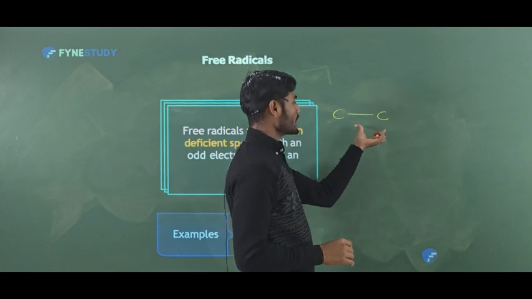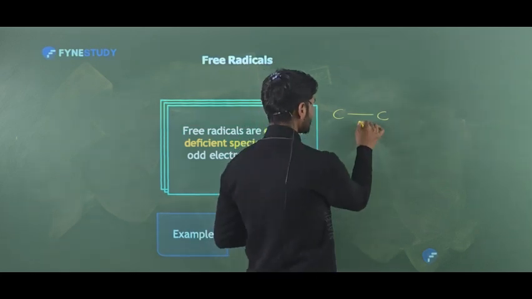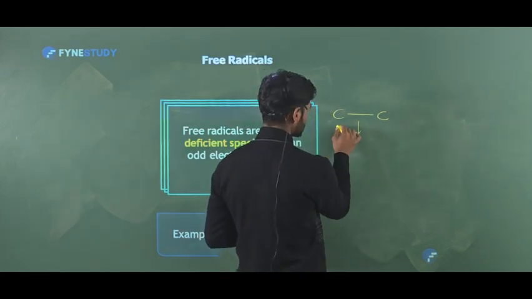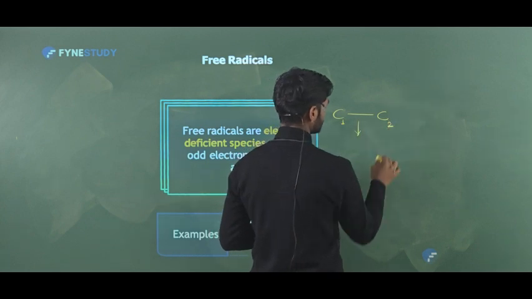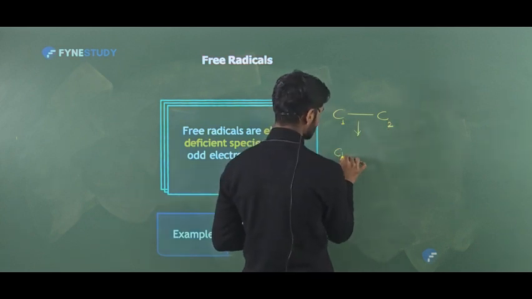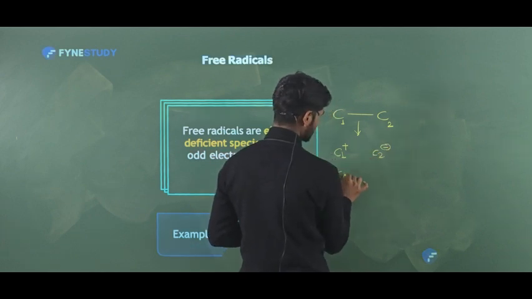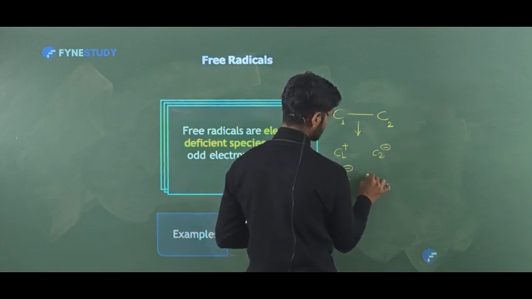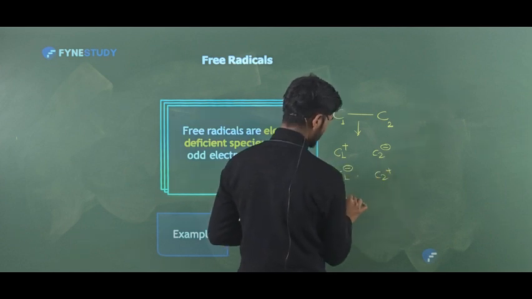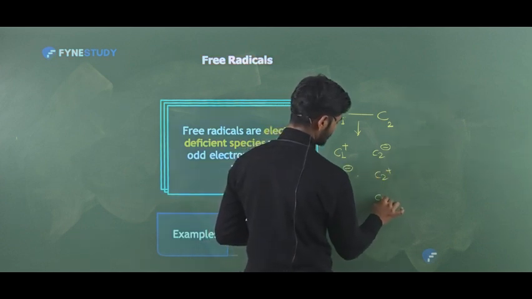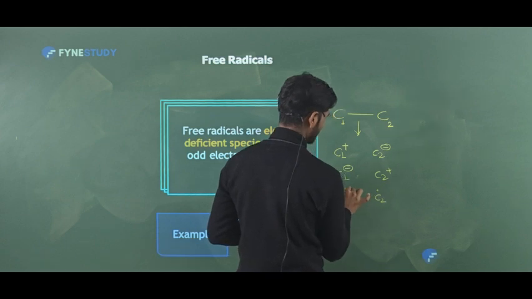And this bond can be broken. Let's say I'm calling these C1 and C2. So I'll be writing like this: C1 has plus, C2 has minus. Another possibility is C1 has minus and C2 has plus. And the third possibility is C1 and C2 both having electrons.